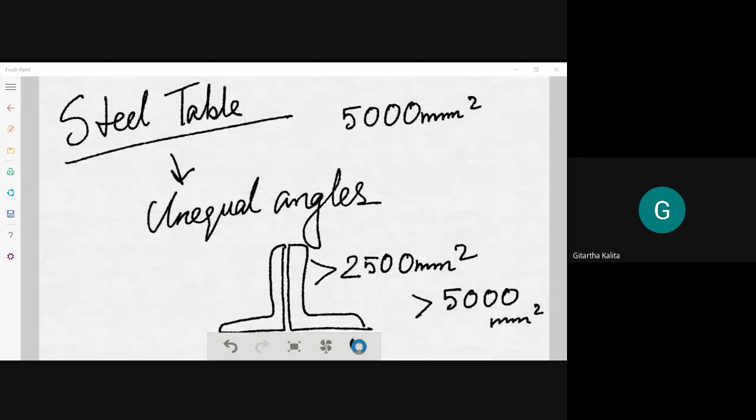You see the contents for rolled steel unequal angles, and tell me one section.